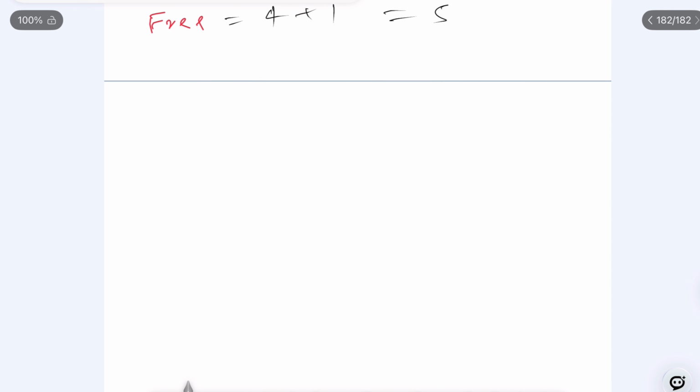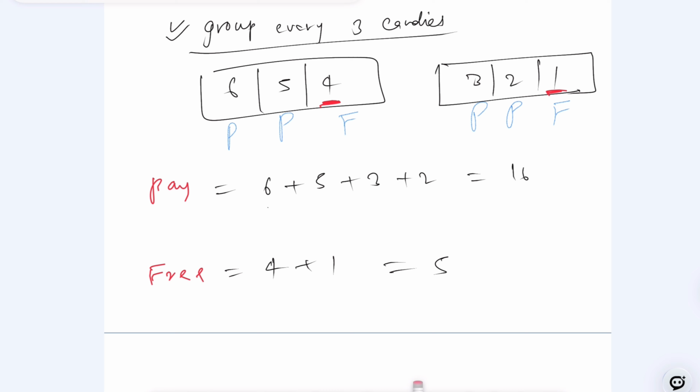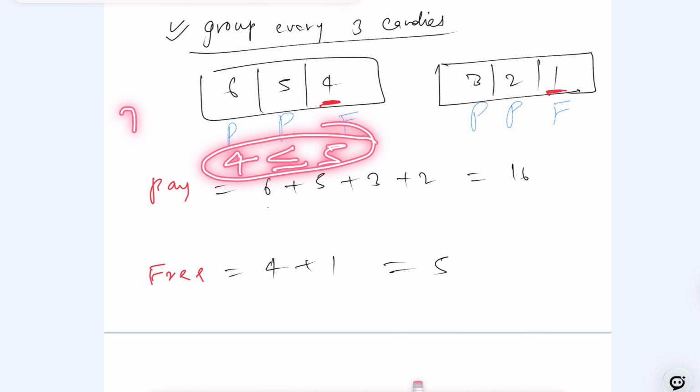So let's talk about here itself. We have paid 6 and 5, right? And if you take the minimum between these two, obviously you will get 5 as the minimum, but we are taking 4 as free, so 4 is less than or equal to 5, so this is valid.